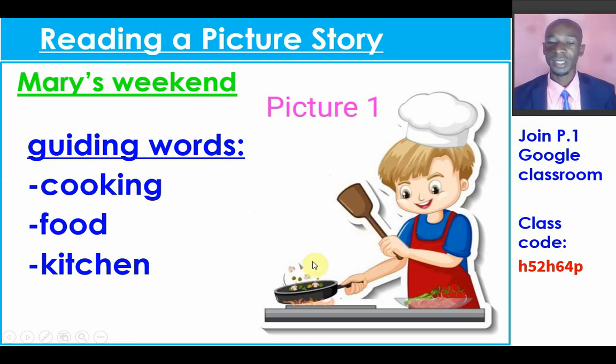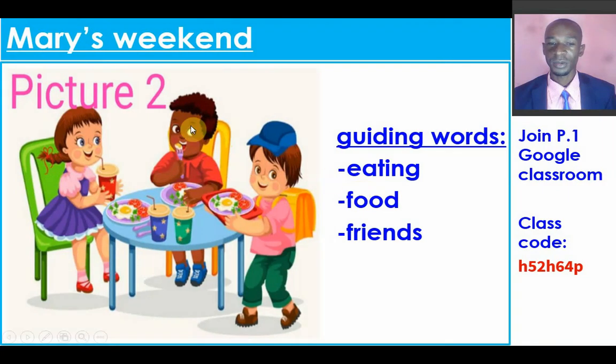After Mary cooking food, what happens next? We now see in picture 2, Mary with her friends eating food. Look at the guiding words. Eating food, then friends. So Mary is eating food with her friends.